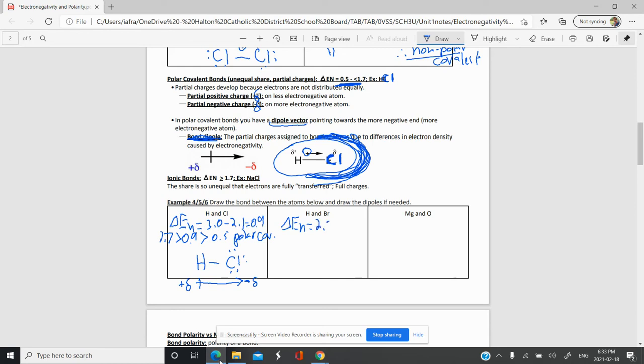So 2.8 minus 2.1, and we get 0.7. And so 0.7 is more than 0.5, but less than 1.7. So we have another example of a polar covalent bond in this molecule.